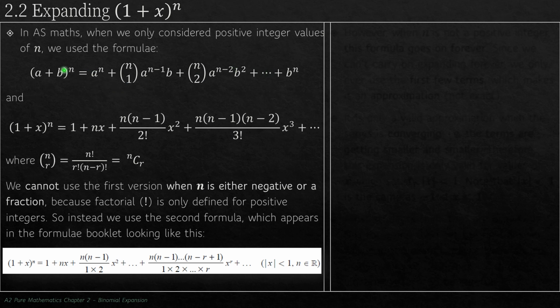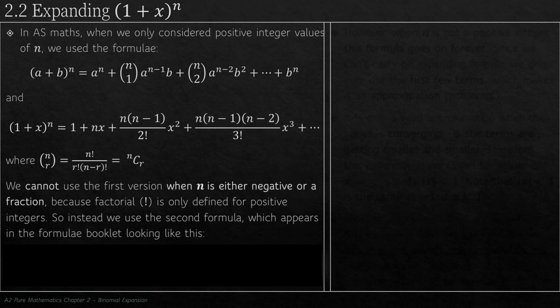It only works when n is a positive integer. So we have to focus on this one here. It is given to you in the formula booklet and it looks like this. I'll talk about this notation in a minute, and we'll keep referring back to that because that is really important. But let's just have a look at the question we've just done from AS, but using this formula.